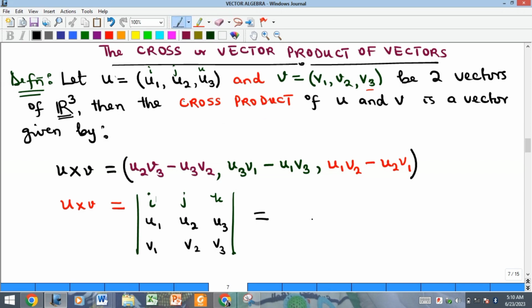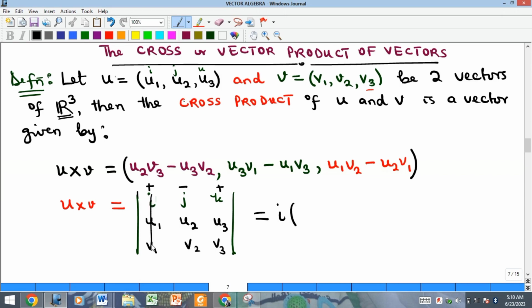So when you want to get the determinant, you will usually give signs to each of the columns. The first column starts with positive and then it alternates, so you have negative and then positive. Let's begin. I'll start with positive i. You know how to take your determinant.